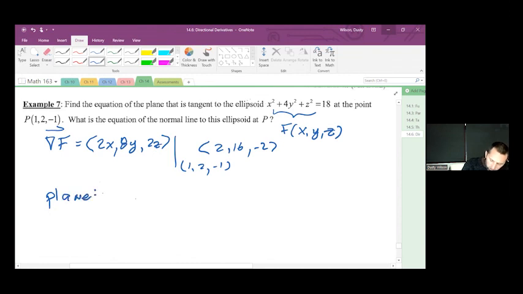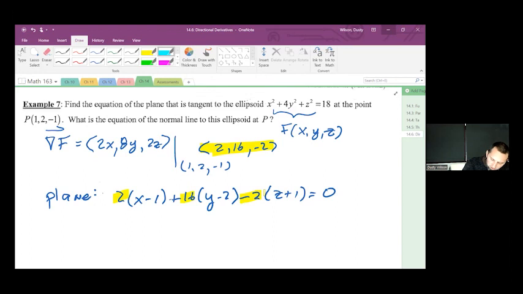And so if we want the plane, it will be 2 times (x minus 1) plus 16 times (y minus 2) minus 2 times (z plus 1) equals 0. So here are the slopes, the 2, the 16, the minus 2. Here's the point, 1, 2, negative 1.